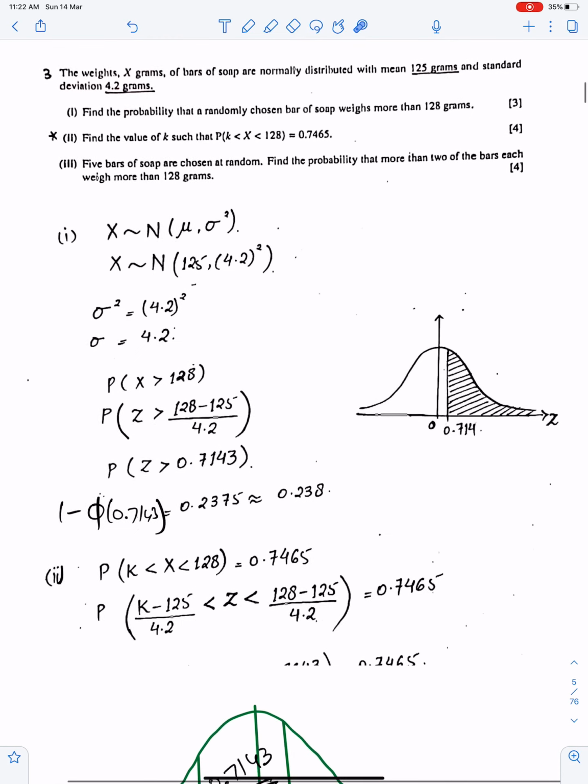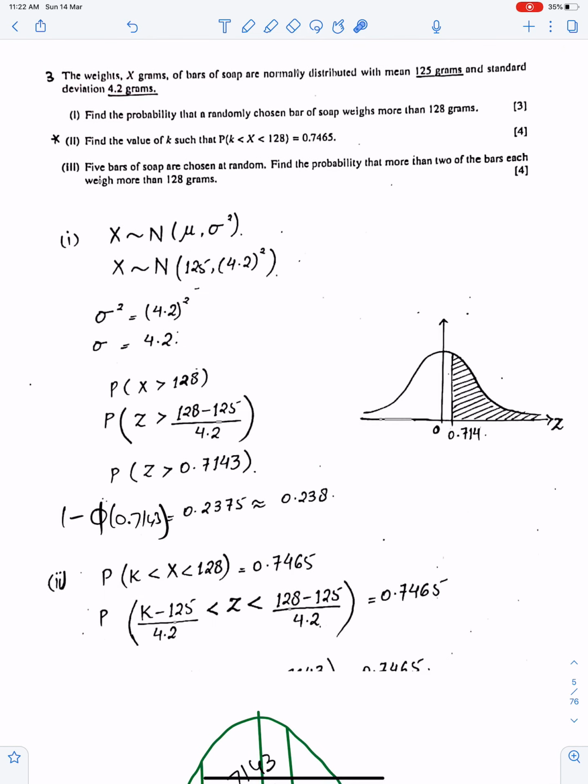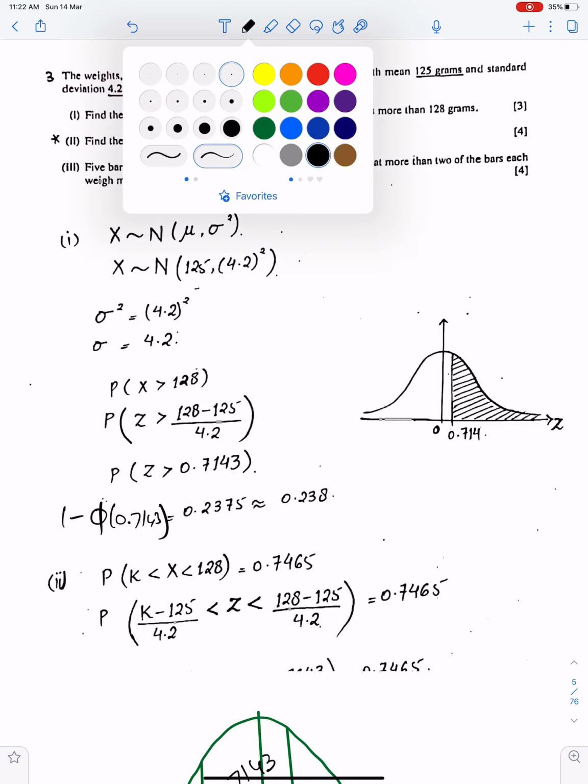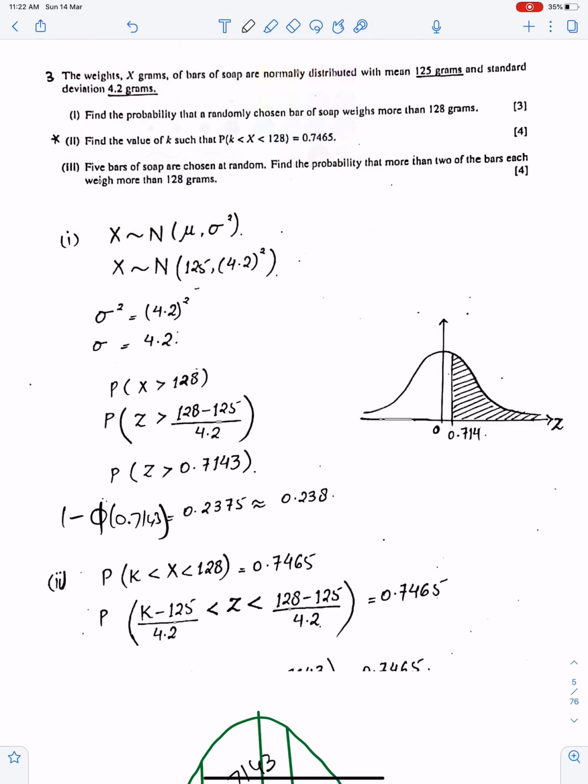Question number 3. The weights x grams of bars of soap are normally distributed with mean, this is mu, and this is standard deviation. Make sure whenever you write in this way, write sigma square. This is sigma and this is sigma square. You don't need to mention the bracket here. Just write 4.2 square.